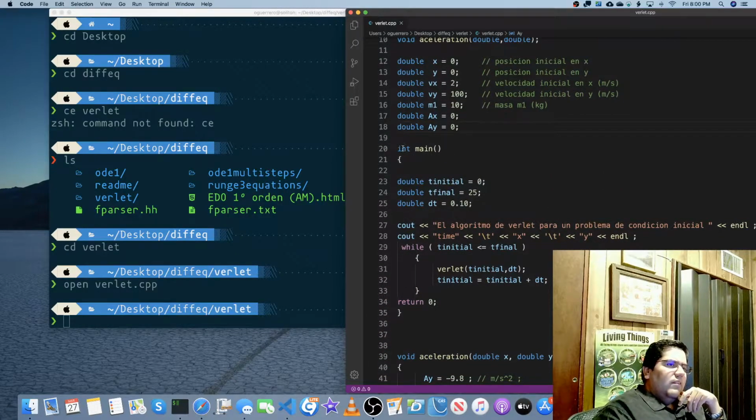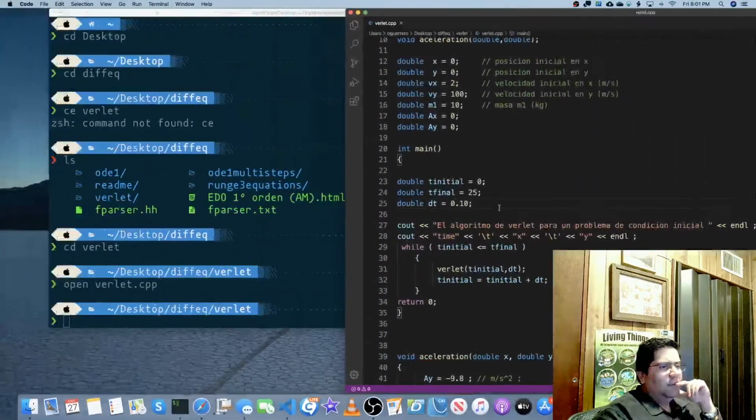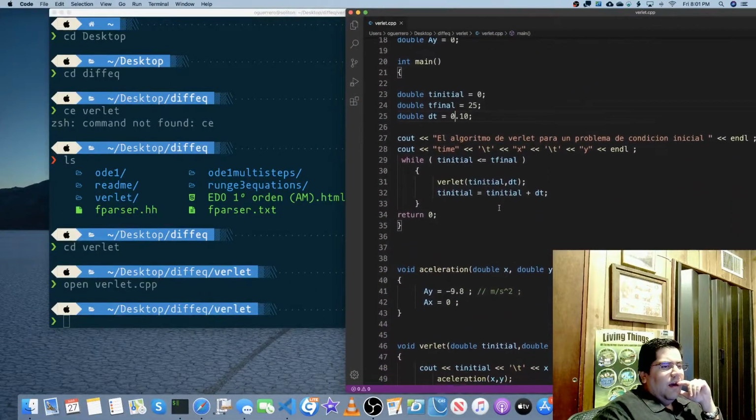In my main program, I have my initial time, usually 0, and I want to run a simulation for probably 25 seconds, and then I define my time step, which is going to be equal to 0.10.